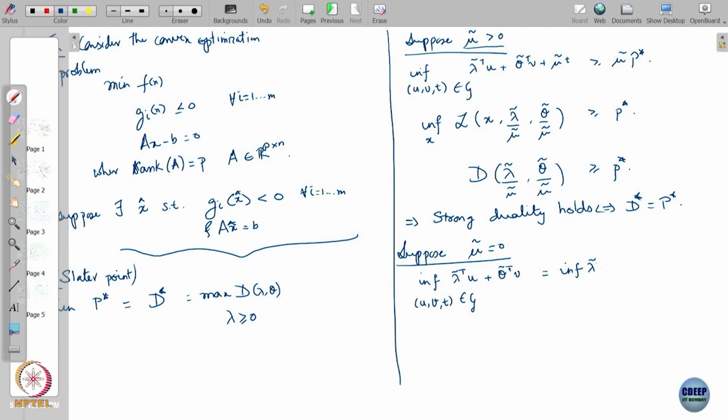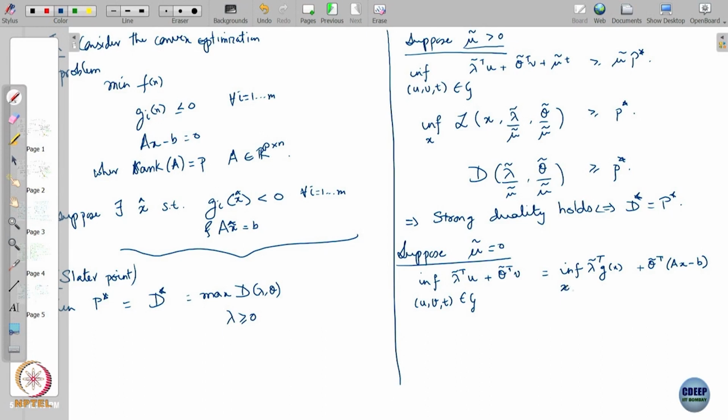So, the least value of u will be attained when u is actually equal to g of x. So, it is infimum of lambda tilde transpose g of x plus theta tilde transpose (Ax minus b), and the infimum is over all x.